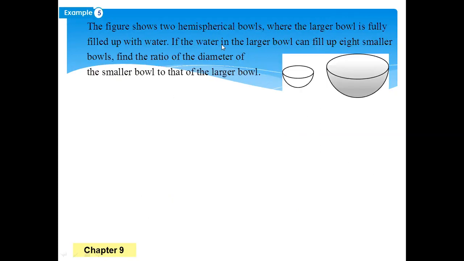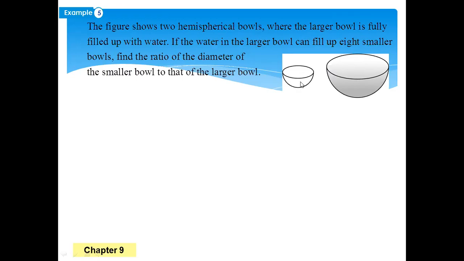Then the question 5. Here you can see 2 hemispherical balls. Hemisphere means half of a sphere. And the larger ball is fully filled with water. The water in the larger bowl can fill up 8 smaller bowls.